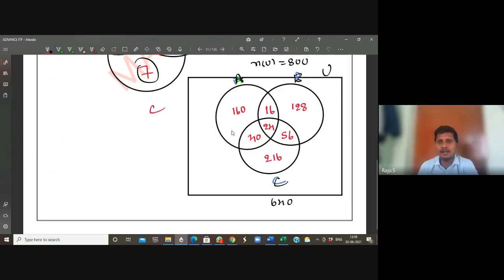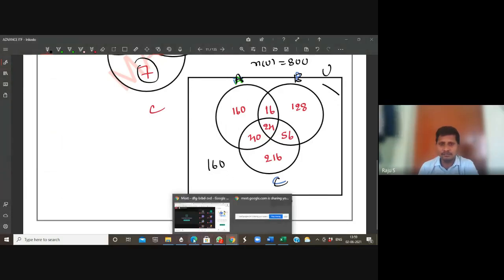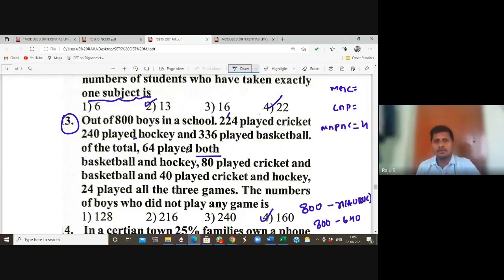So 160 members did not participate in any game. If you read the question properly, the answer is very easy, not at all difficult. So 160 boys did not play any game, like cricket, hockey and basketball, out of 800.